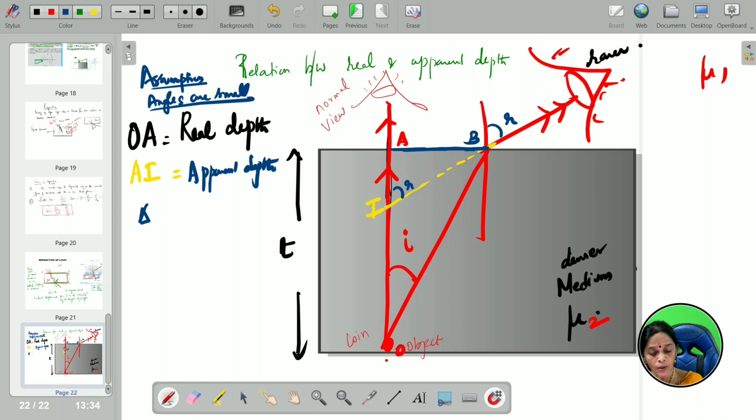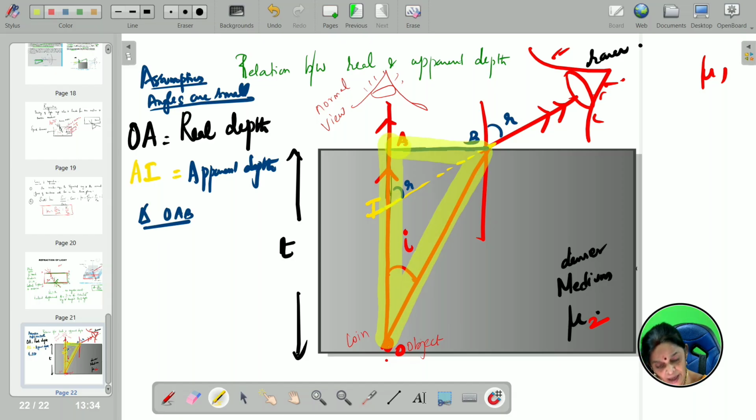Now take triangle OAB. Can you identify the triangle OAB, children? Yes. In this triangle OAB, sin I is equal to AB divided by OB. Equation number 1.